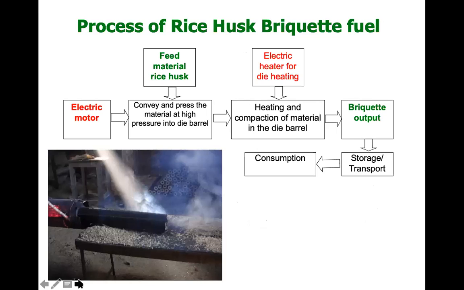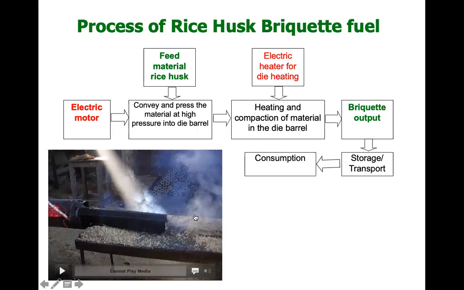So, how is rice husk processed to make the briquette? First, there is a requirement of an electric motor, and then you put the feed material, rice husk, in. The electric motor conveys and presses the material at high pressure into a die barrel, and then an electric heater heats the die, compacting the material in the die barrel.